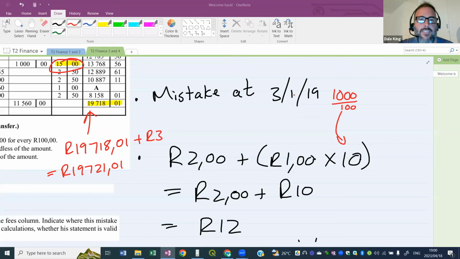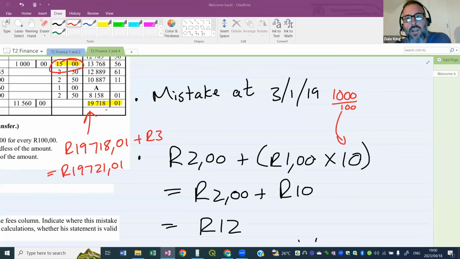So, sir, there's no need for us to add the whole thing. We're only adding at the end, because all these other transactions were correct. They've changed the balance correctly. But all these totals in the balance column all go up by 3, all the way to the last one. If you think about it like this, there's a starting balance and an end balance, and all the transactions in between.